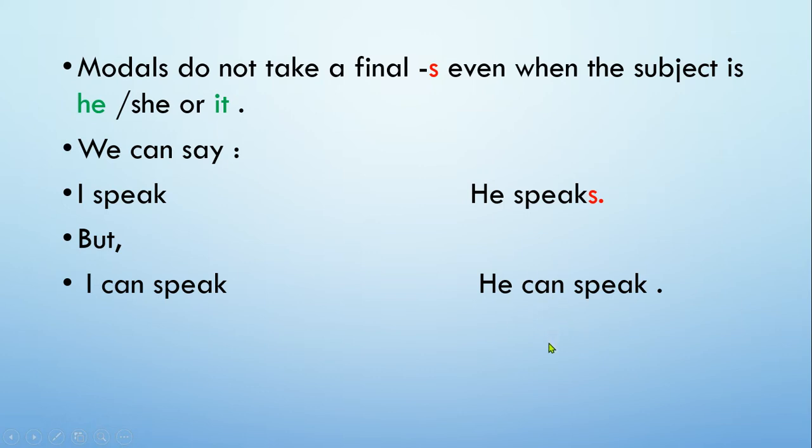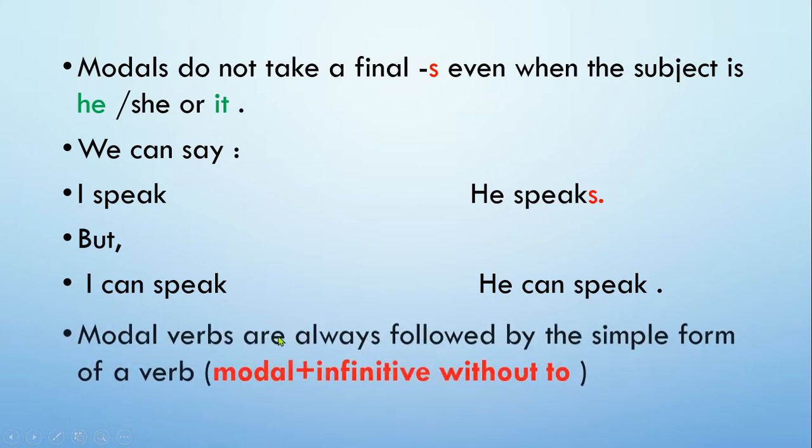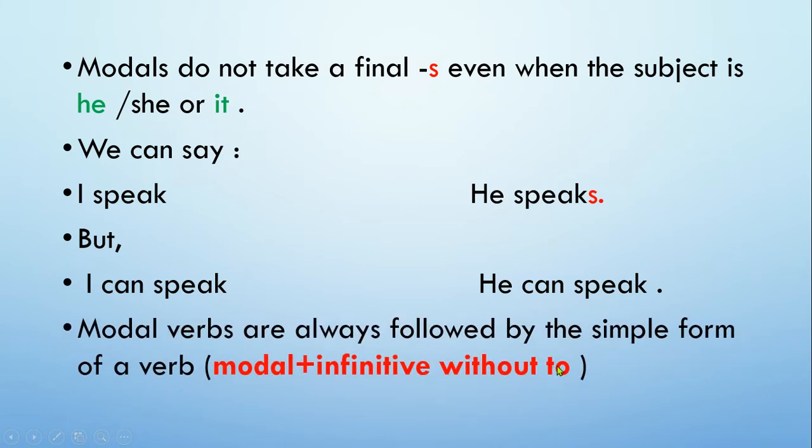Because this can is a modal, and after it, we need just an infinitive without to. But in the case of have to, we need to here, and ought to, and don't have to.